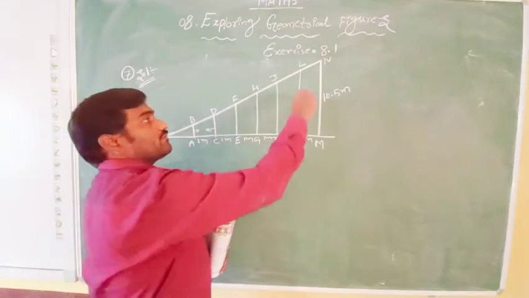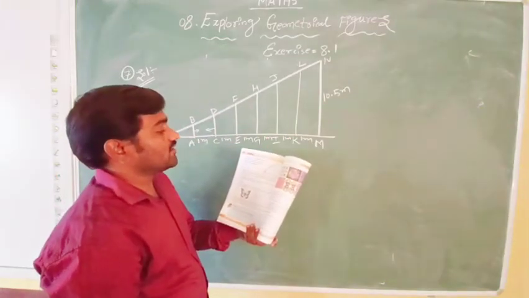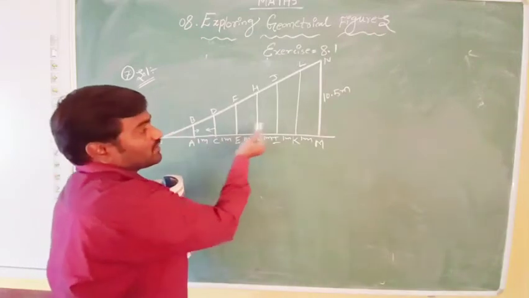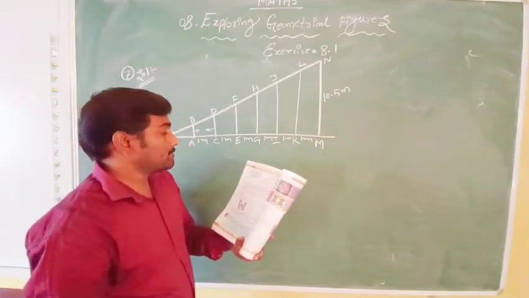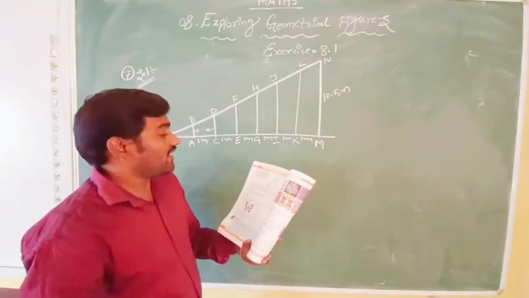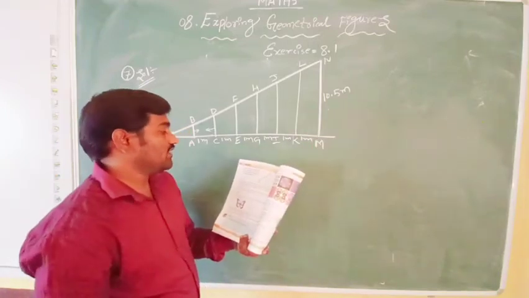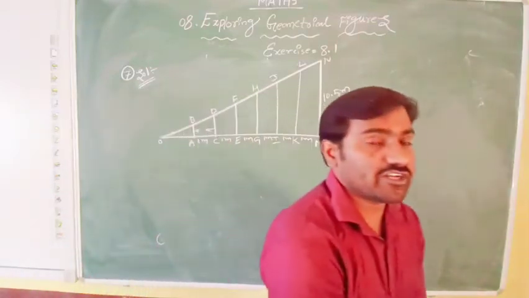These 7 pillars are kept in this way. The distance between the adjoining 2 pillars is 1 meter, and the height of the last pillar is 10.5 meters. Then find the height of the rest of the pillars. That means we need to find the heights of the remaining 6 pillars.